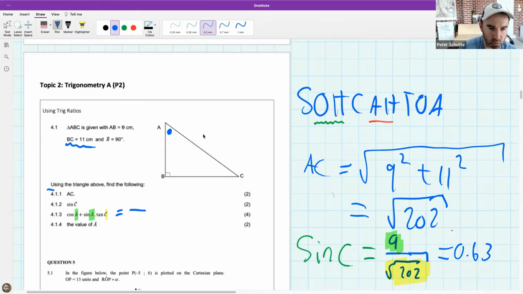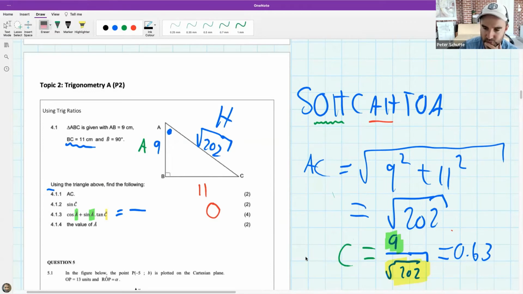So even though this side stays fixed, it's square root 202, this is H. This never changes. The O will change its side depending on which angle I'm talking about. So I'll put here, BC is 11, but this is now going to be O. And this one over here is now going to be A. Let me get rid of some of the working out that was here already.